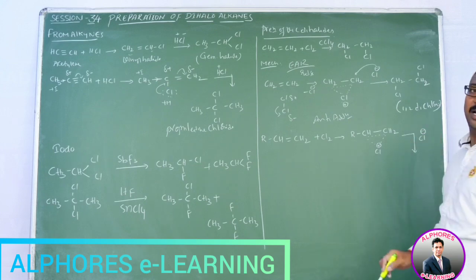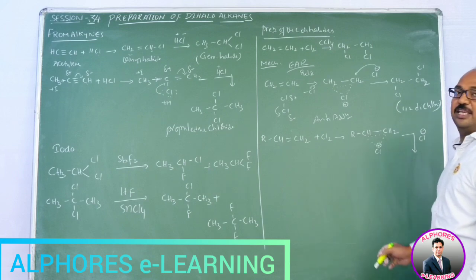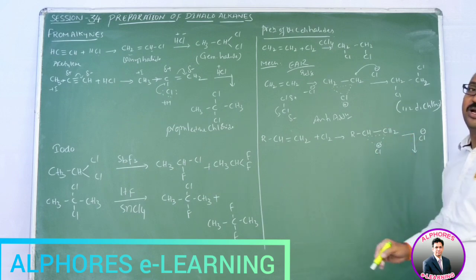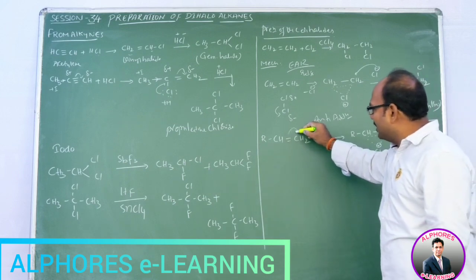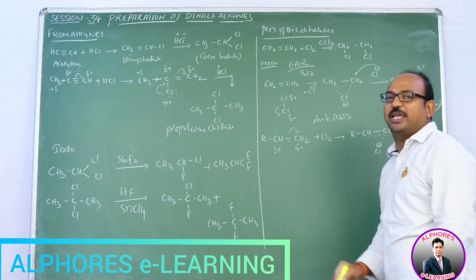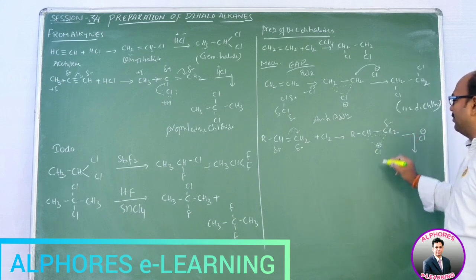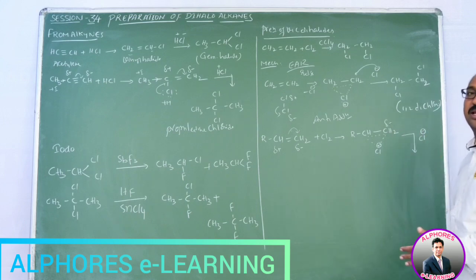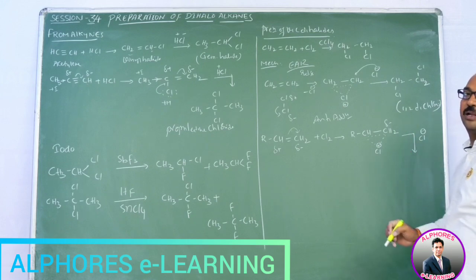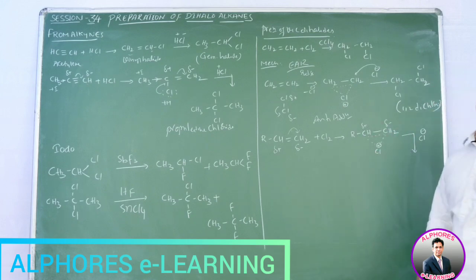Towards which carbon? Let us see. This alkyl group is an electron releasing group, so pi electrons are shifted towards the terminal carbon. This carbon acquires partial negative charge and the other carbon acquires partial positive charge. Whenever this carbon acquires partial negative charge, the Cl plus preferably shifts towards this carbon, and more positive charge develops upon the central carbon.